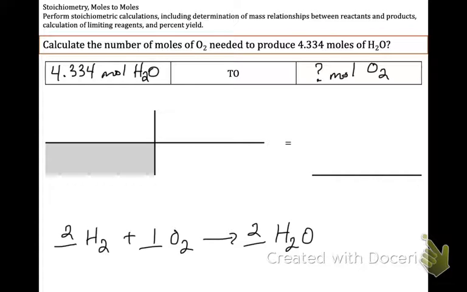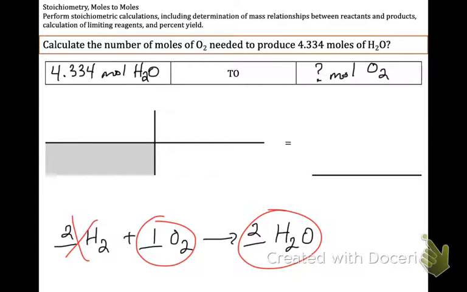So when we look at our balanced equation, even though we see 3 things in this balanced equation, we can only look at two of them at any given time. And in this case, we're comparing H2O to the O2. For now, you can pretty much ignore that hydrogen part of the equation. So all stoichiometry problems start out the same.